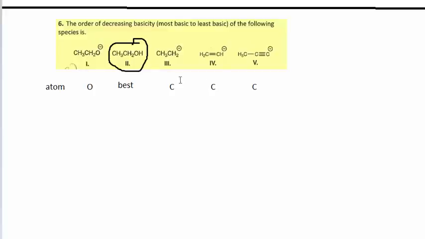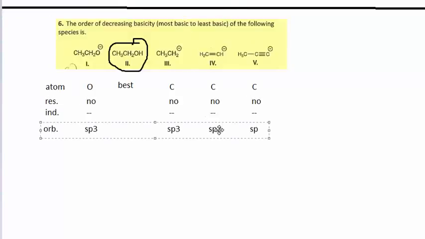This one has an oxygen, and these three are carbon. There's not anything going on with resonance, and there's not anything going on with inductive effects here. So the only thing else to look at is the orbitals.